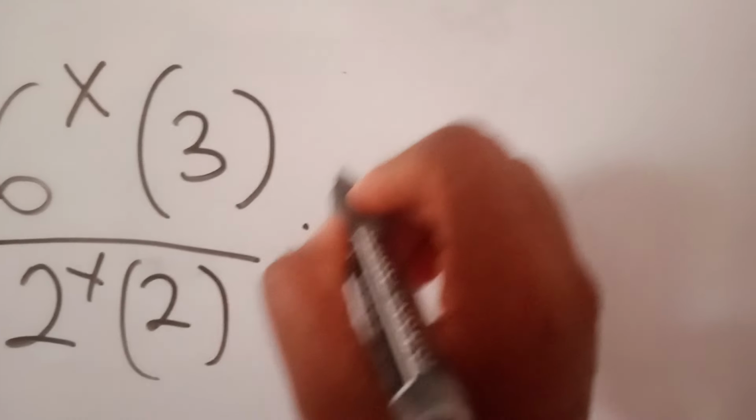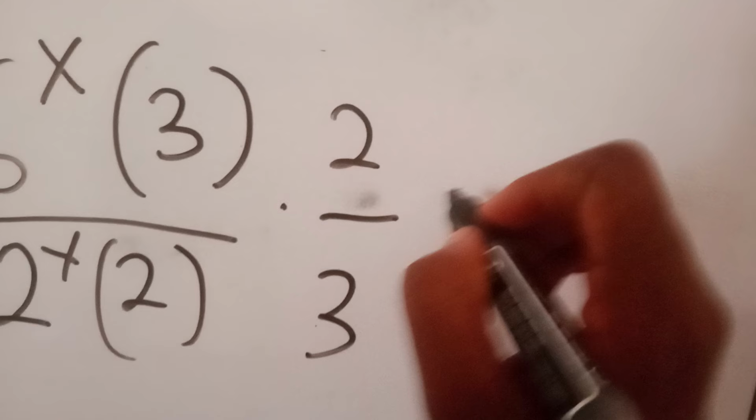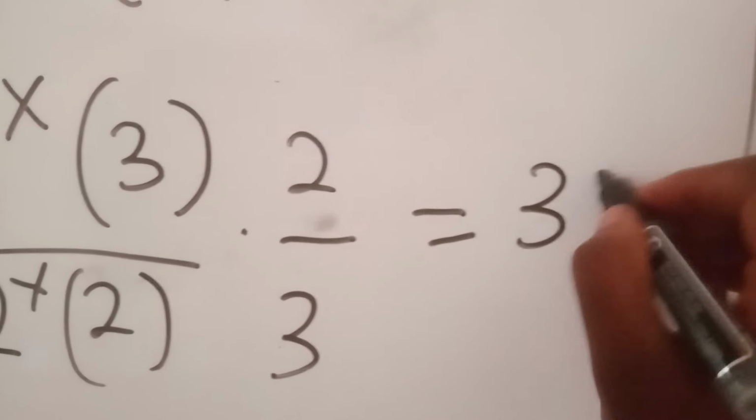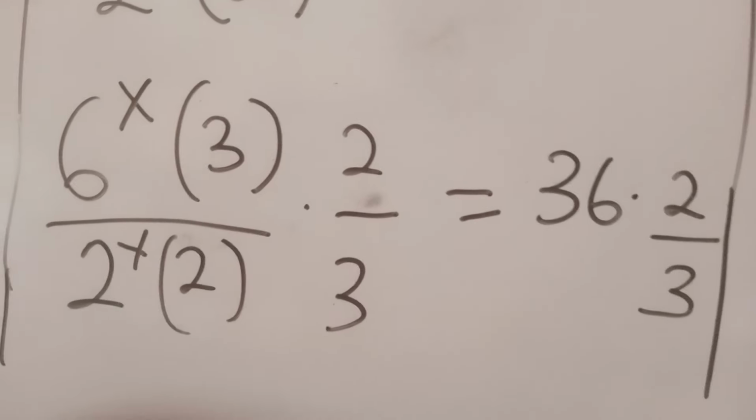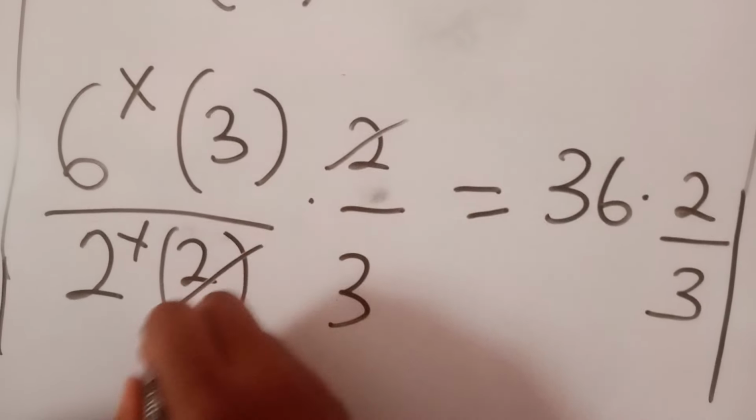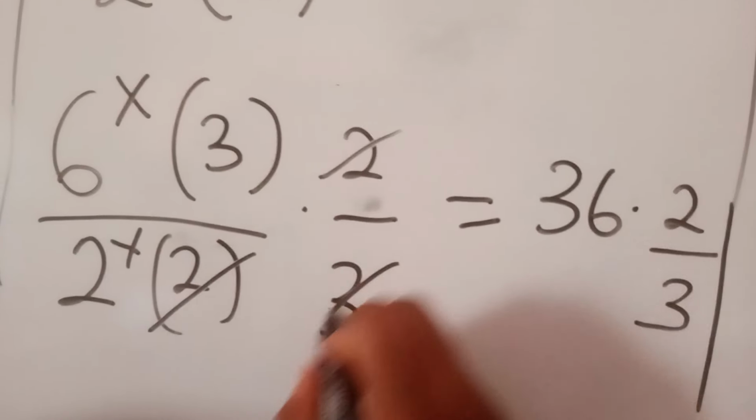So this is going to be 2 over 3 times 36, 2 over 3. From here, this cancels this, this cancels this, and 3 here is 1 and 3 here is 12.